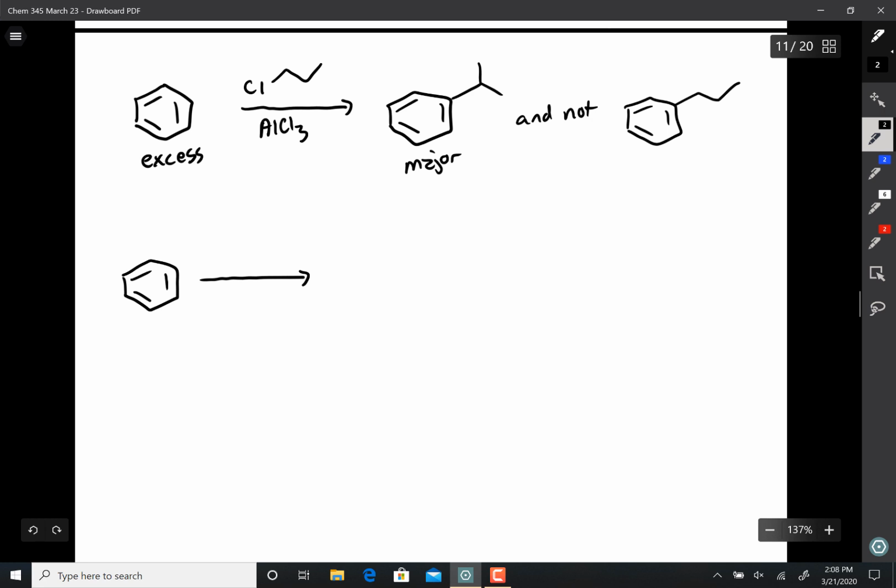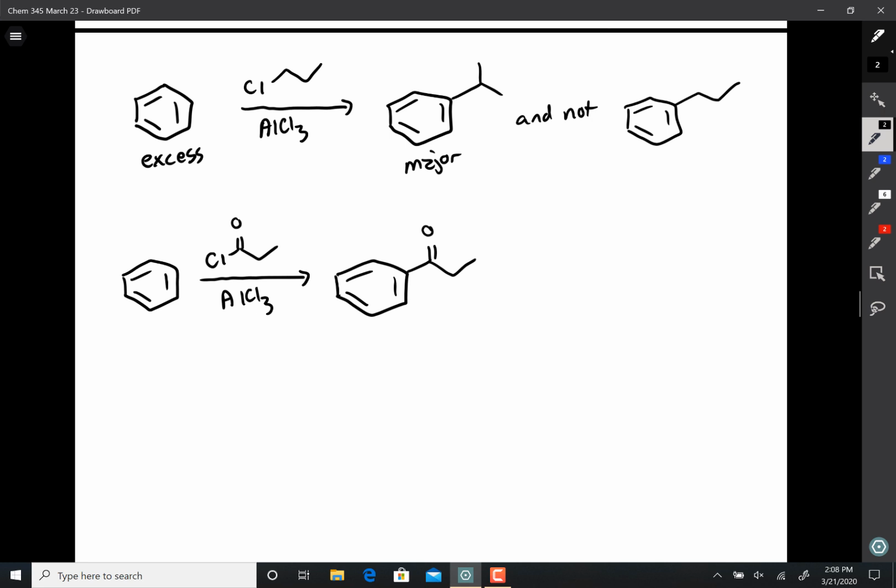Well, what you can do with these is use the Friedel-Crafts acylation to cleanly add a carbonyl on, and it stops here because this molecule is deactivated. It has a meta director on it, so another carbonyl is not going to be added to it.